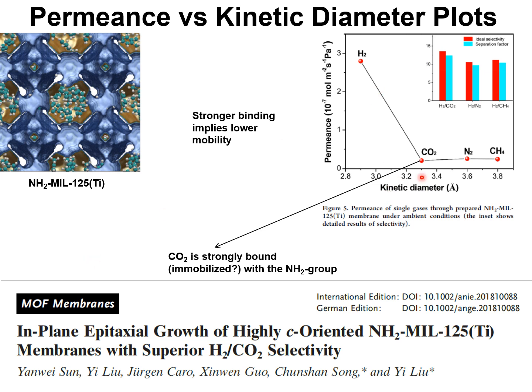The experimental data shows very low permeance for CO2, and this is most likely due to the fact that CO2 is so strongly bound with the NH2 group that it is practically immobilized, leading to hydrogen/CO2 selectivities that are extremely high.